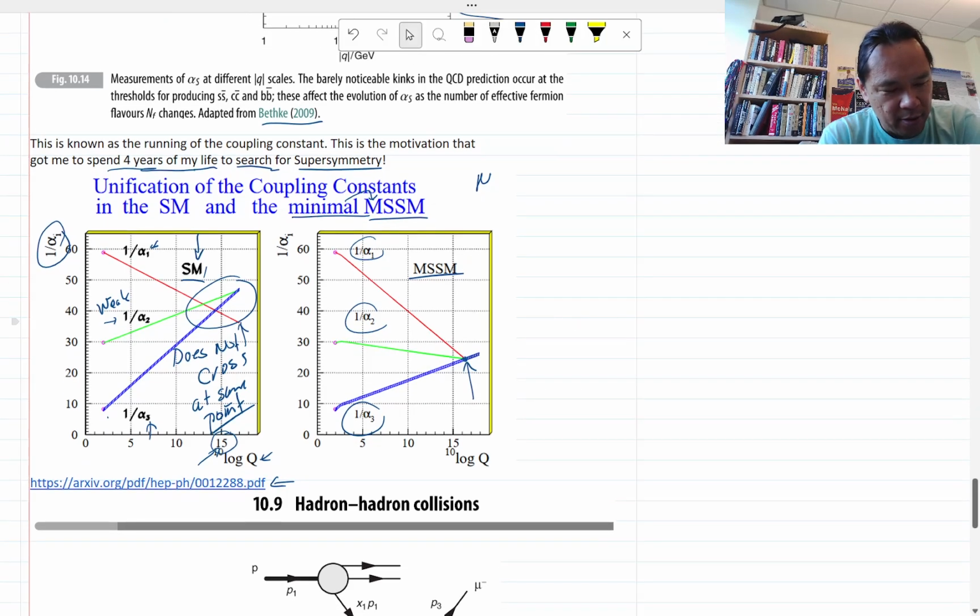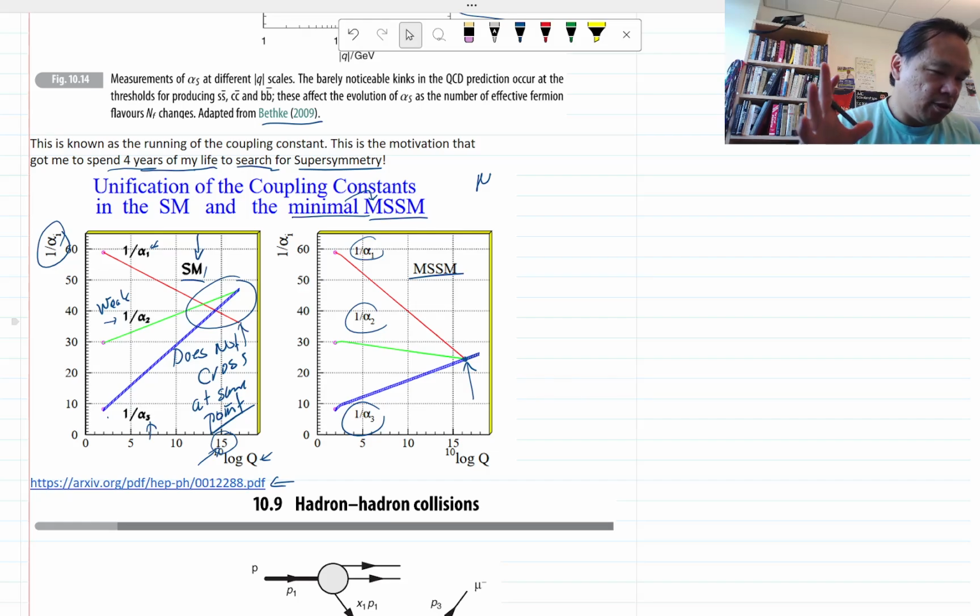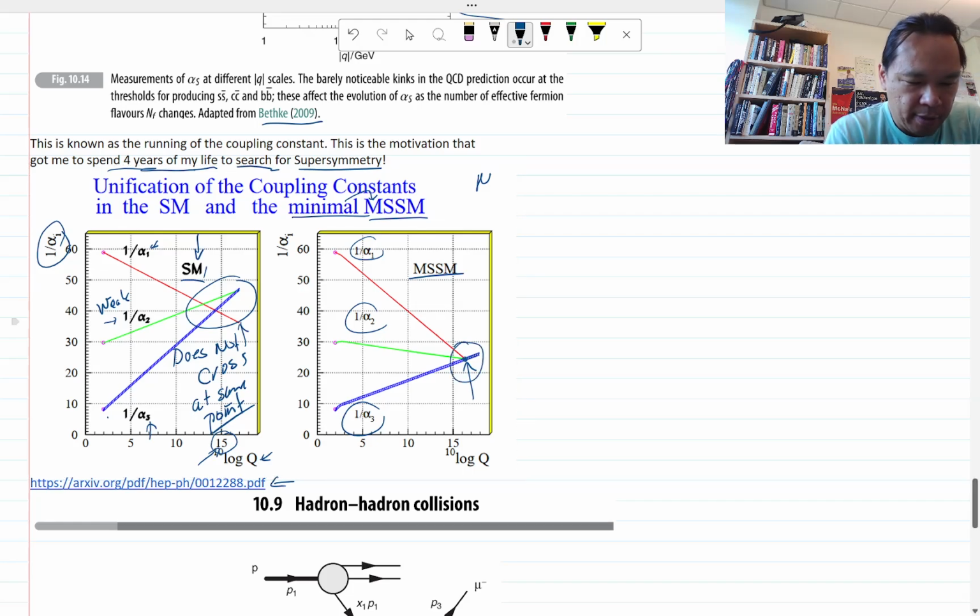Because in the beginning of the universe, when everything is super hot and super high density, all these different forces should not care about whether I am carrying an electric charge, a strong charge, or a weak charge. And therefore, it makes sense for them to be the same.